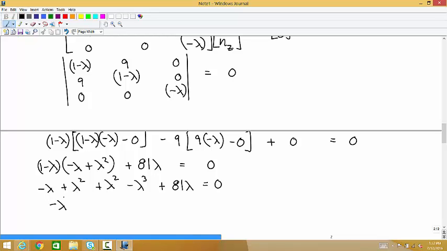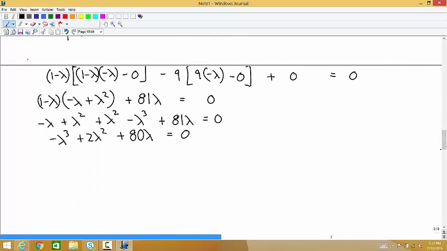So negative lambda cubed plus 2 lambda squared plus 80 lambda is equal to 0. We can factor out 1 lambda. I guess I'll factor out the negative for aesthetics. So negative lambda times the quantity lambda squared minus 2 lambda minus 80 is equal to 0.